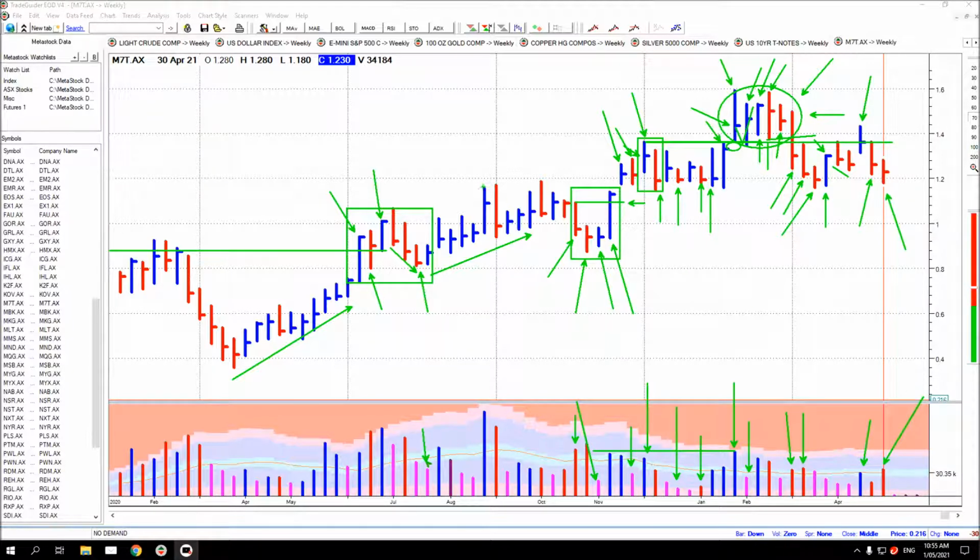So if this is your previous high here, you've got selling pressure up here, and now you've got reasonable demand coming in down here and here. You really need to wait and see what happens in response before you take any position in this.